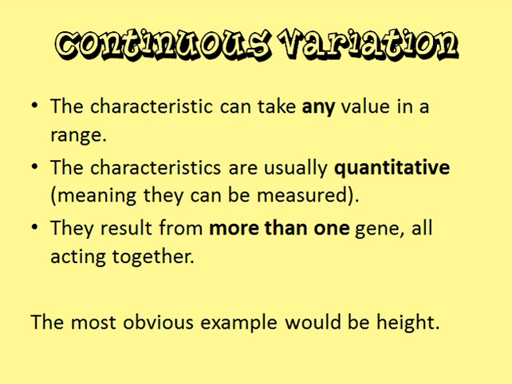The characteristics are usually quantitative, meaning that they can be measured using numbers, and they result from more than one gene all acting together, and/or the effects of the environment as well. The most obvious example of this would be height. You could be 160 centimeters, 161, 160.5. You can be any height in a given range.